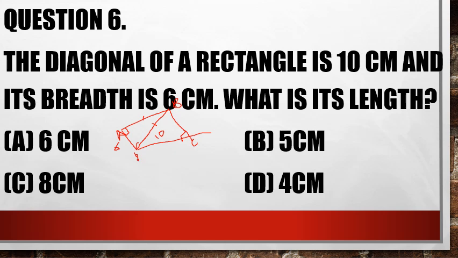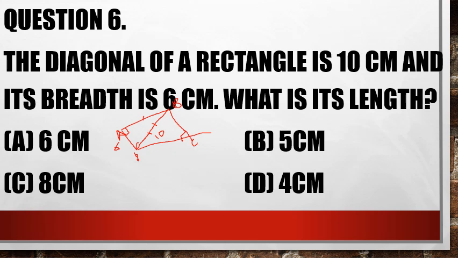Now ABD is a right angle triangle. It is clear from the figure, it is a right angle triangle. Since it is a rectangle and its angle is a right angle, the side opposite to the right angle is the hypotenuse. This BD is the hypotenuse.